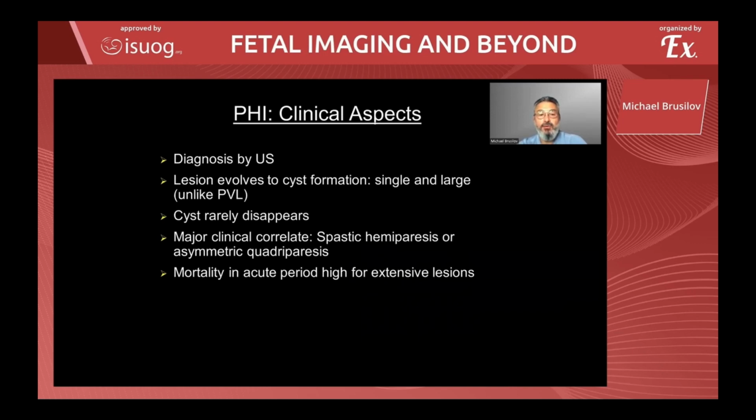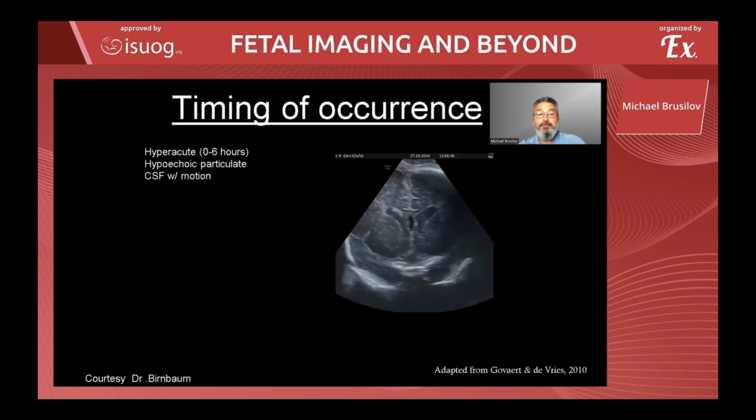Lesion evolves into cystic formation, single and large, unlike PVL. Cyst rarely disappears. Major clinical correlate spastic hemiparesis or asymmetric quadriparesis. Mortality in acute period high for extensive lesions.